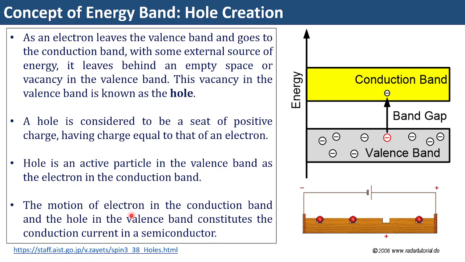In the valence band, a hole conducts the electricity. In the conduction band, an electron conducts the electricity. So that is why the conductivity of a semiconductor is given by both hole conductivity and electron conductivity. Whereas in the case of a metal, it is only the electrons which conduct electricity. But in the case of a semiconductor, two quantities carry electricity. One is a hole, another is an electron.